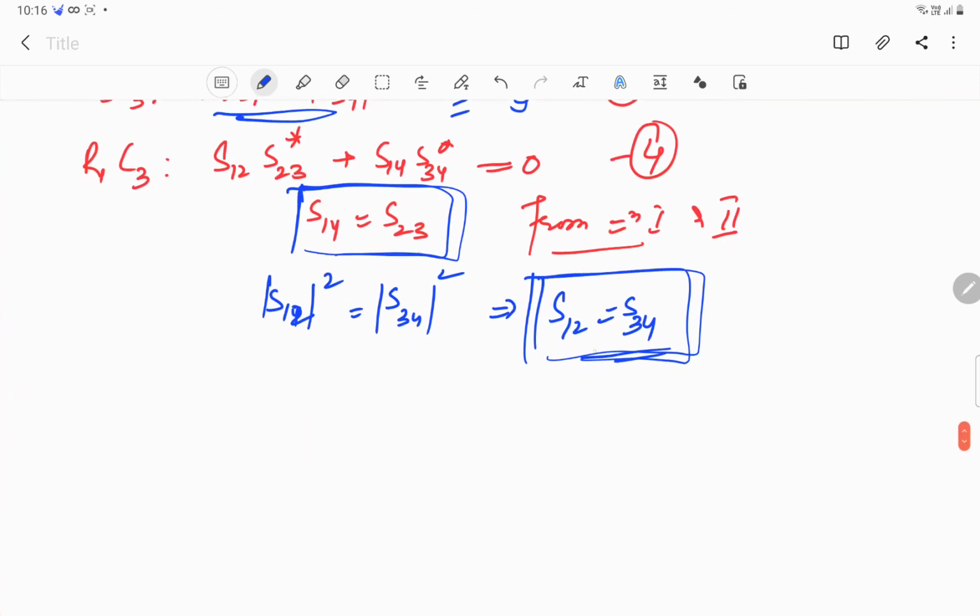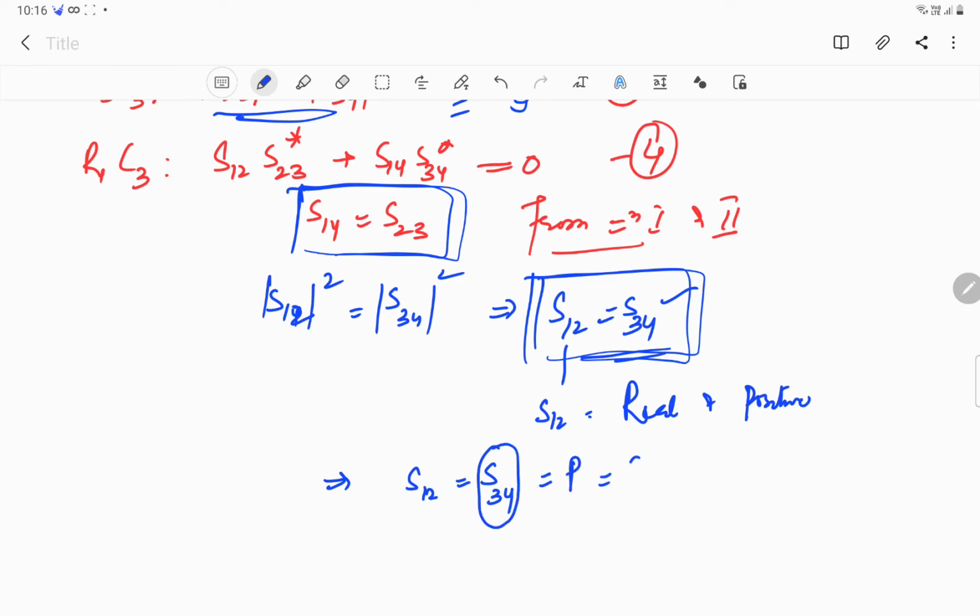Now if I assume that s12 is real and positive, that means s12 is same as s34, as we have proved. s12 is same as s34 is equal to p, and it must be equal to s34 conjugate as well, because if I have a complex number which is purely real, so it is conjugate.